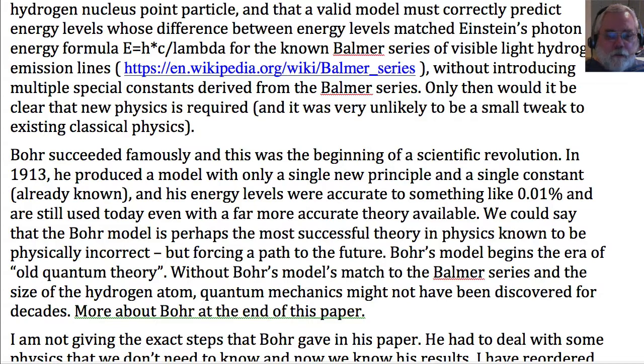We could say that the Bohr model is perhaps the most successful theory in physics known to be physically incorrect, but forcing a path to the future. Bohr's model begins the era of old quantum theory. Without Bohr's model's match to the Balmer series and the size of the hydrogen atom, quantum mechanics might not have been discovered for decades. More about Bohr at the end of this paper.